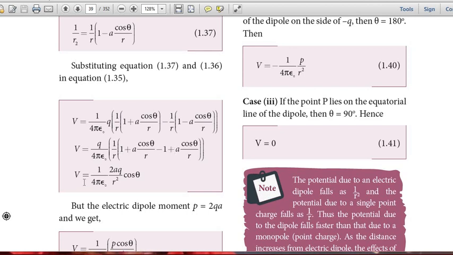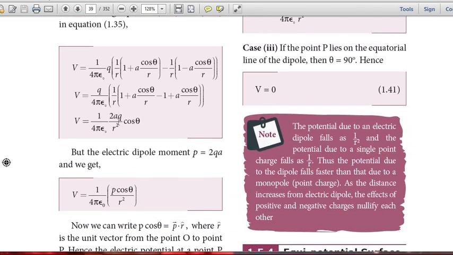The remaining term, the next step: V is equal to 1 by 4 pi epsilon naught. There is one r here and one r outside; taking r common gives r square. So r into r is r square, and the numerator is 2qa cos theta, since the 2 times appears, with a q outside. So 2aq cos theta divided by r square.